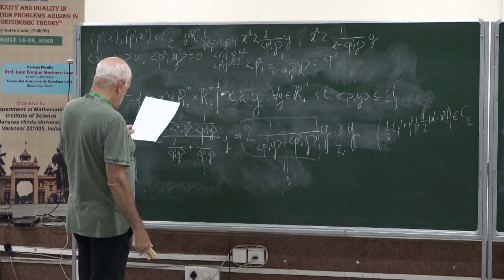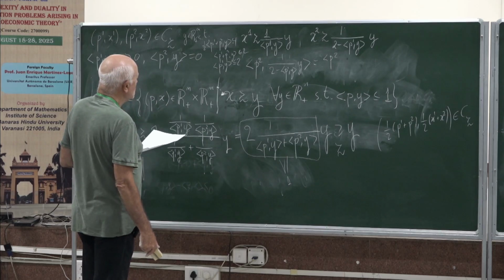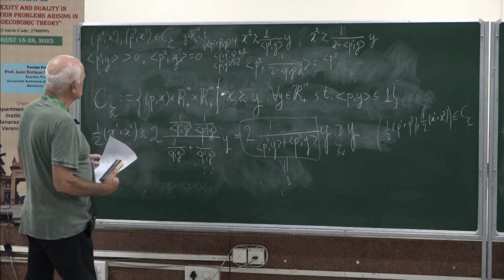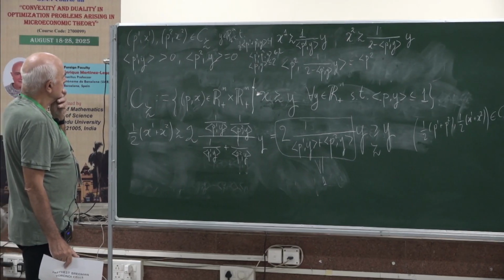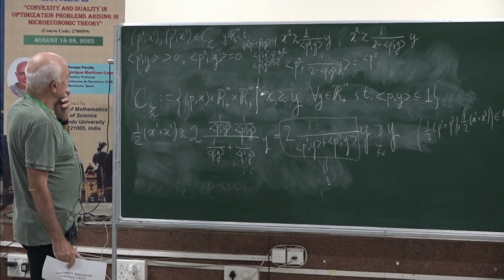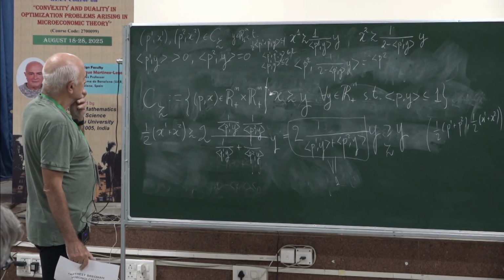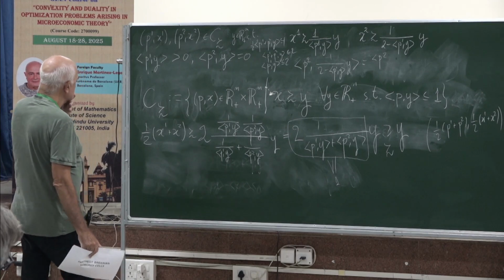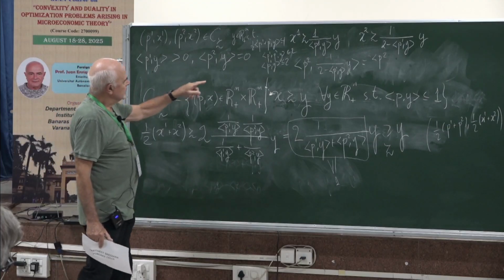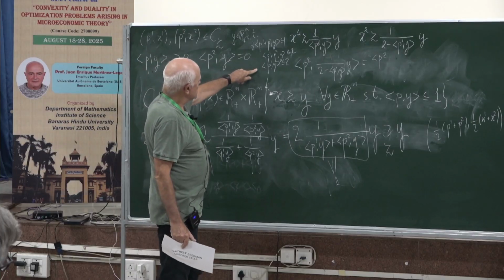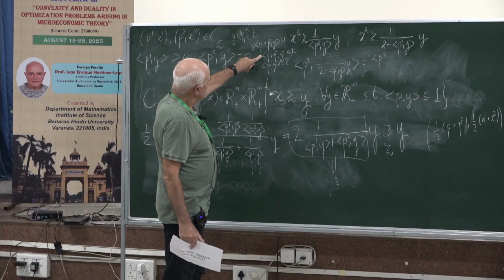But I don't see why. Do you see any reason why this should be strictly less than 2? No, because this would imply that this is strictly less than 2.